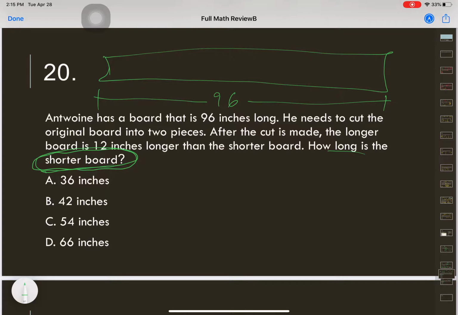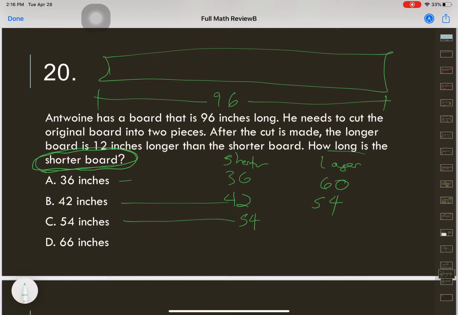So, if the shorter board is 36, so you can just take it this way, then 96 minus 36 is going to give you, so the shorter board is 36, the longer one would be 60. If the shorter board is 42, I'm just using the answers here, then 42 from 96 would be 54. 54 minus 96 is going to give 42.